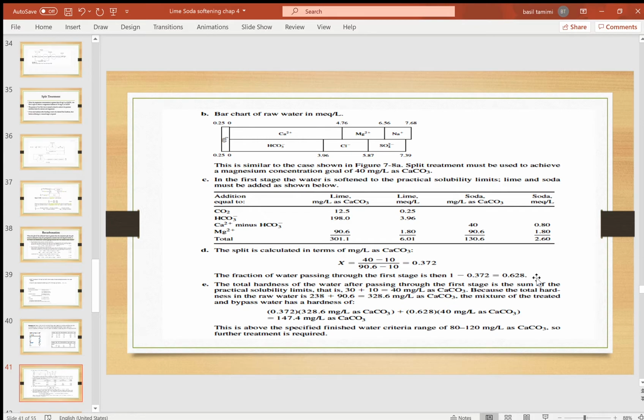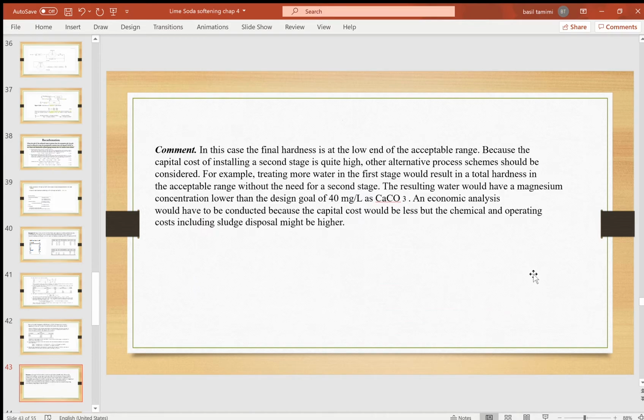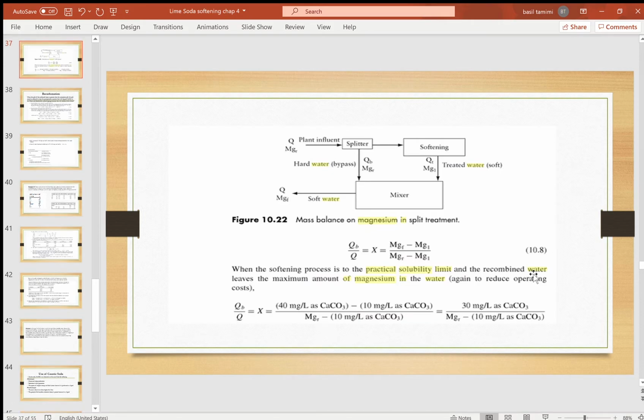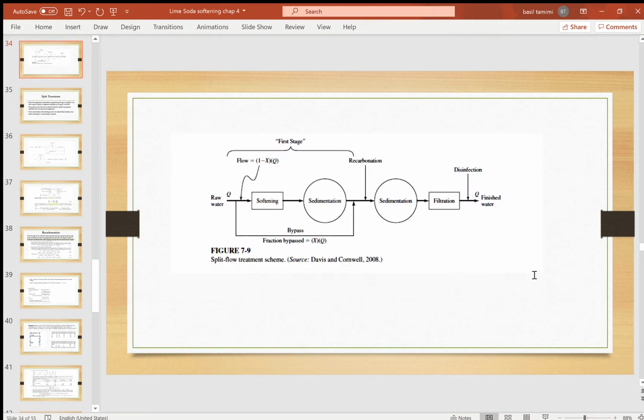Okay, what would this change in terms of quantities of lime and soda ash needed? I am treating 62.8% out of the whole volume only, which means that the other part does not need chemicals, except for special cases. Let me go back, sorry, to the flow chart, just for you to understand what I am talking about.